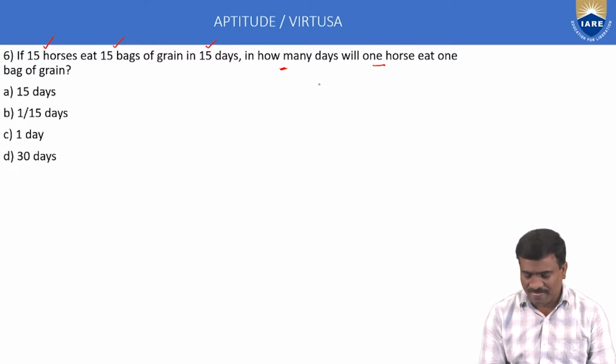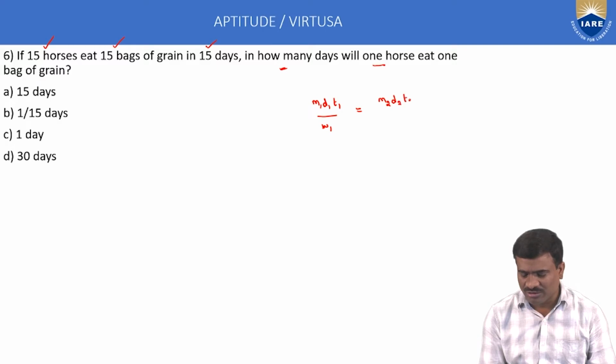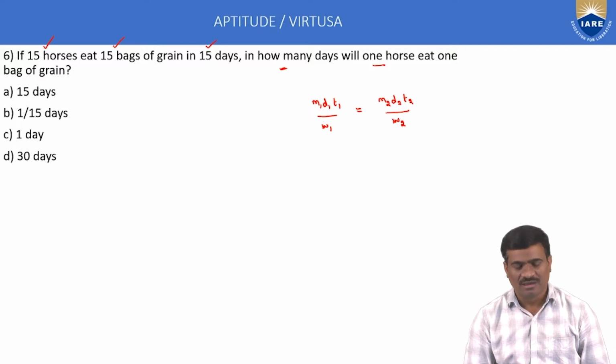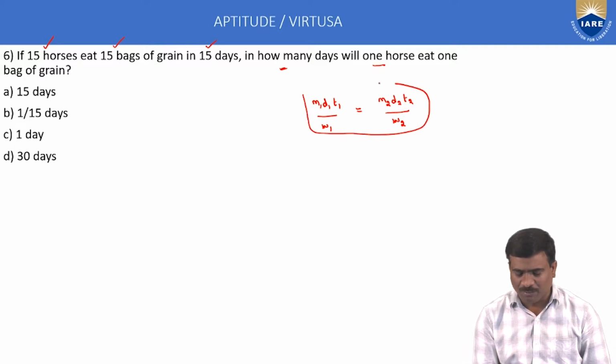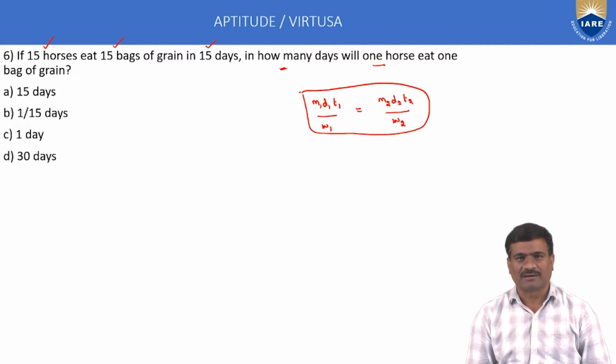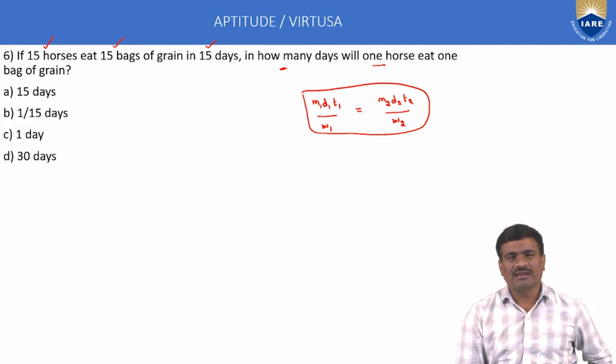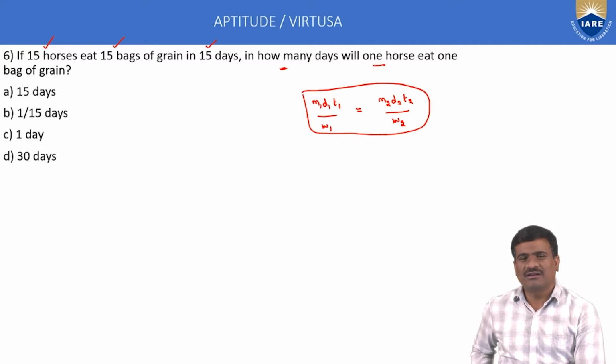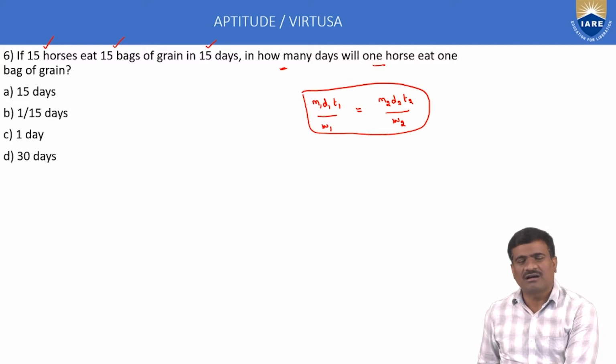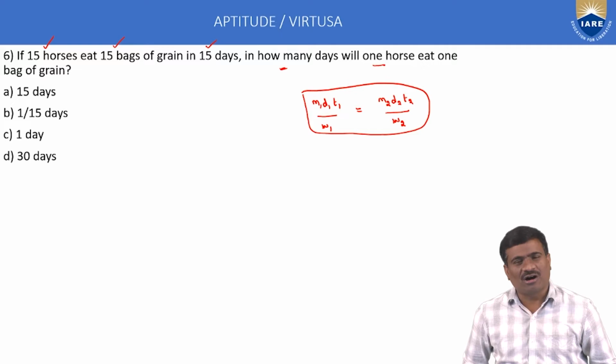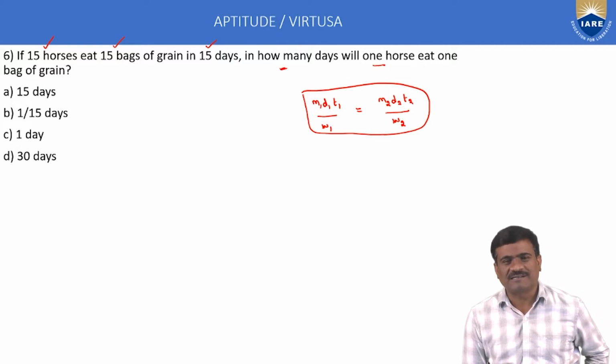The relation is M1 into D1 into T1 by W1 is equal to M2 into D2 into T2 by W2. This relation is very important for the Virtusa test pattern.